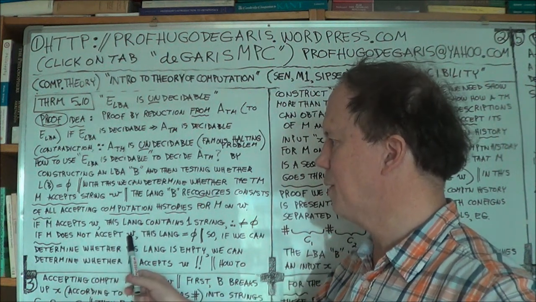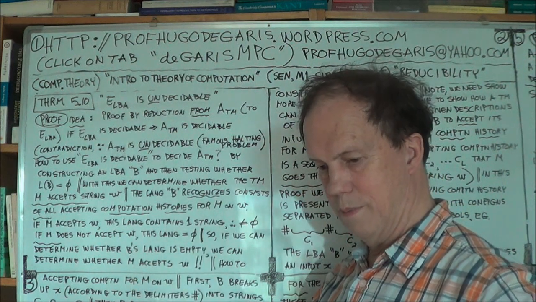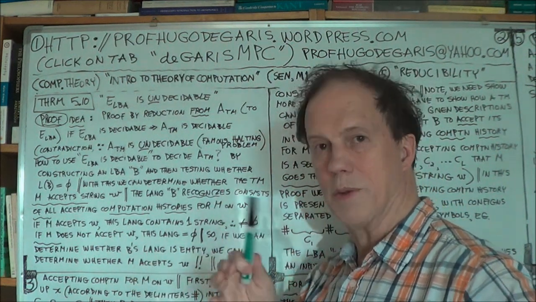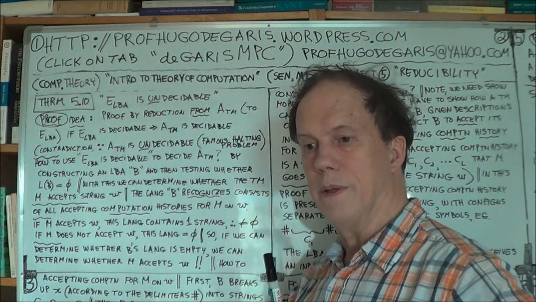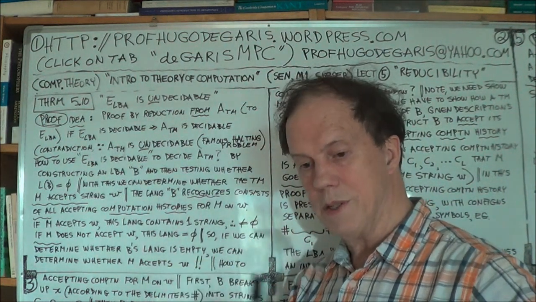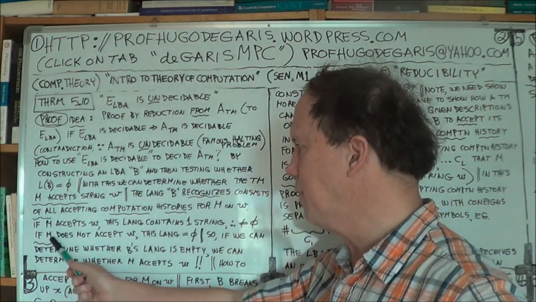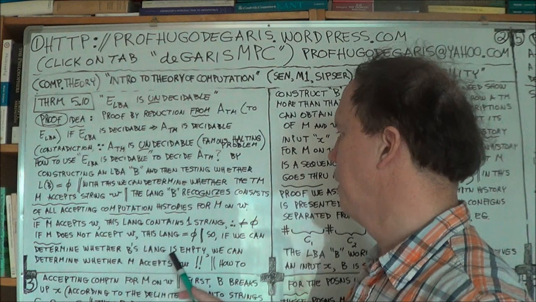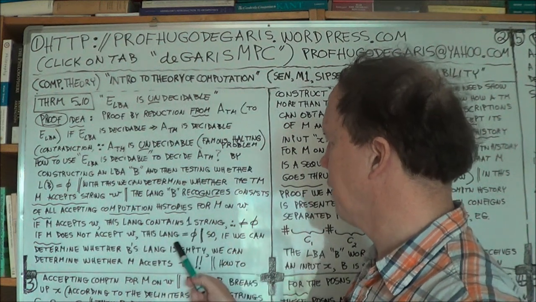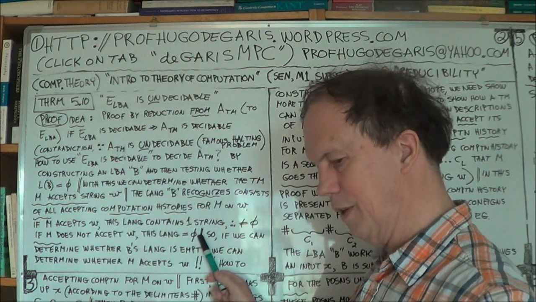One is the final configuration includes a reject state; in other words, it halted. The other possibility is it just loops. So if M doesn't accept W, then the language B recognizes is the empty set.